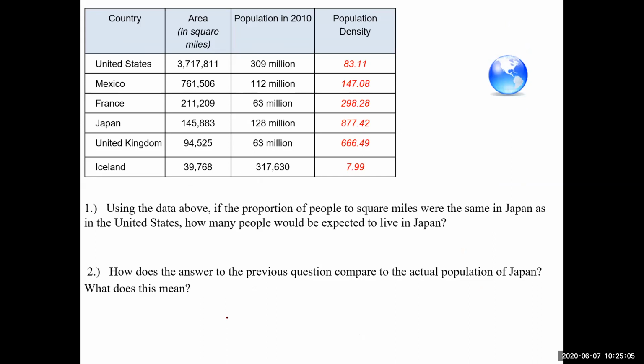Now, using the data above, if the proportion of people to square miles were the same in Japan as in the United States, how many people would be expected to live in Japan? So this is how you do it, and I'm going to give you a very simple way to look at it. So we have the United States and Japan.